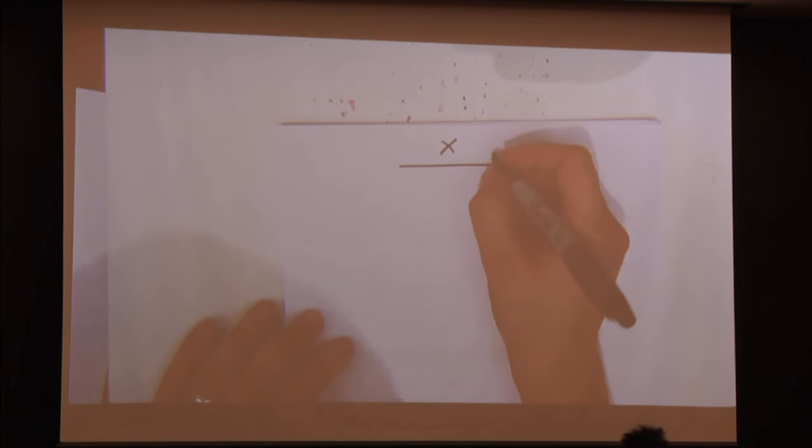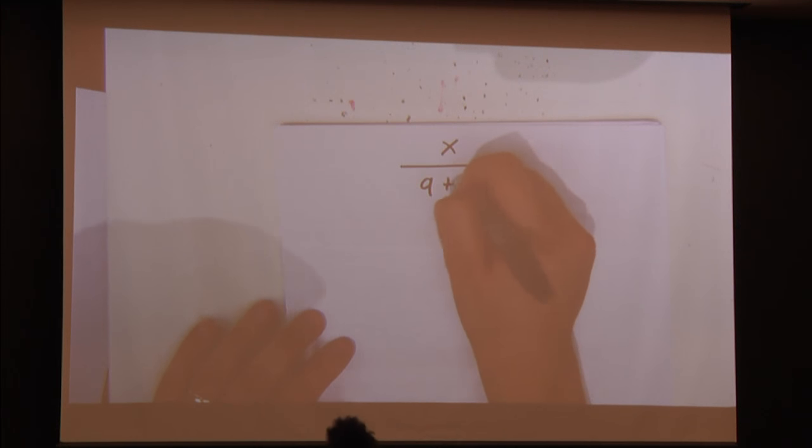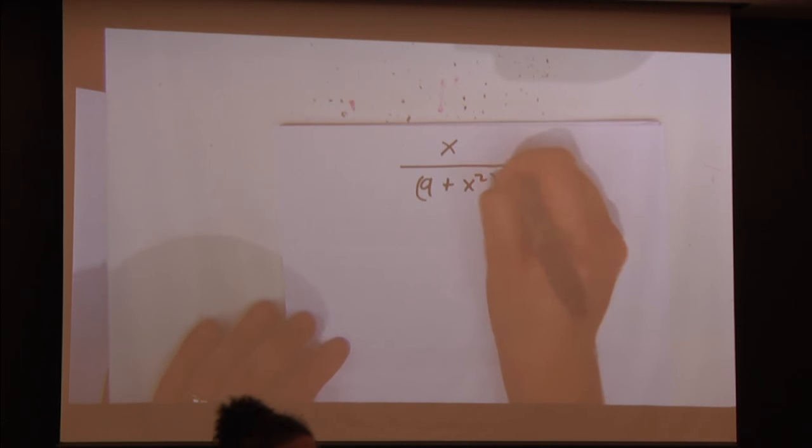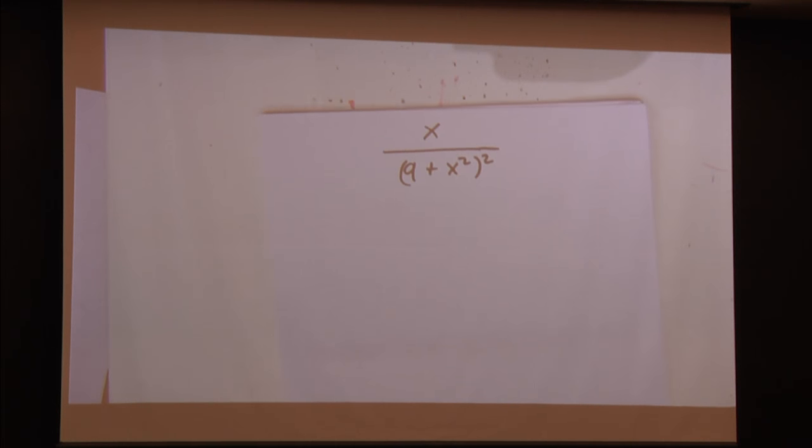You have one similar to this one. Say you have x over 9 plus x squared. What do you do? You want the power in the denominator to decrease so that you can apply your previous power series.